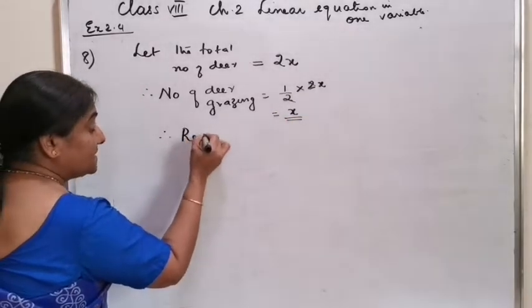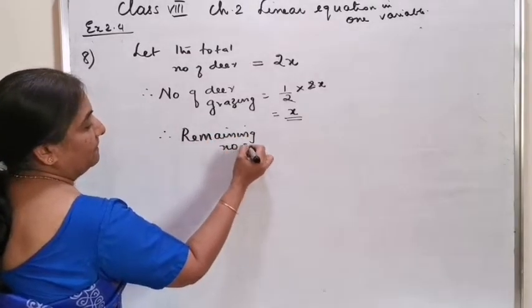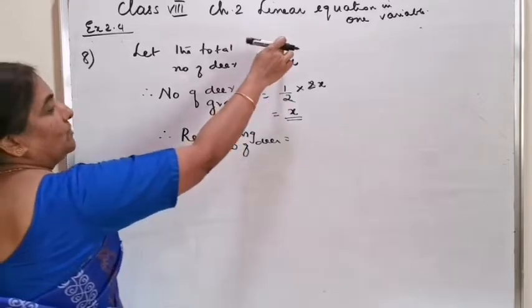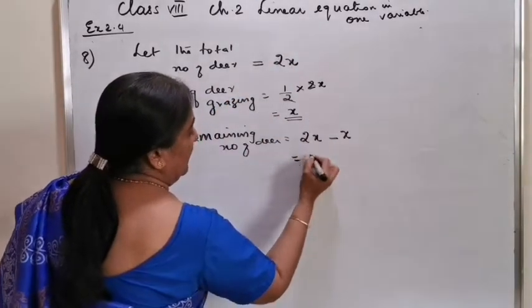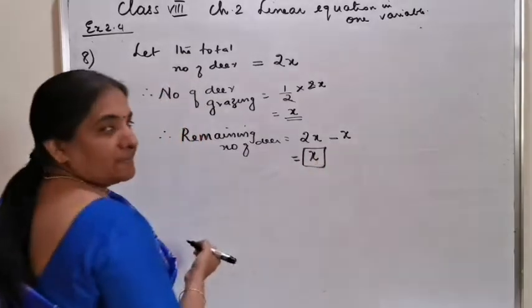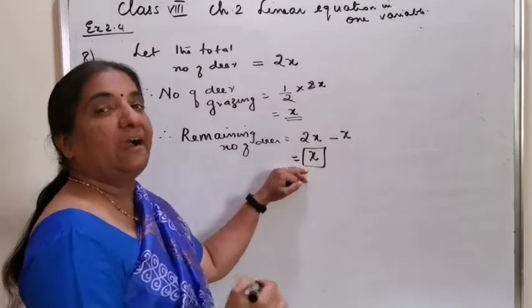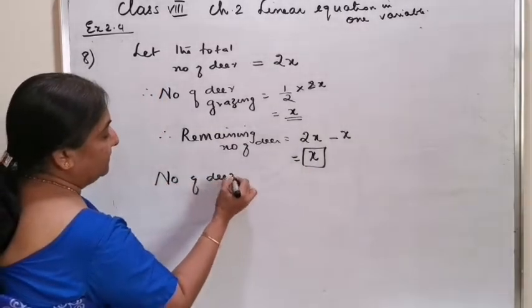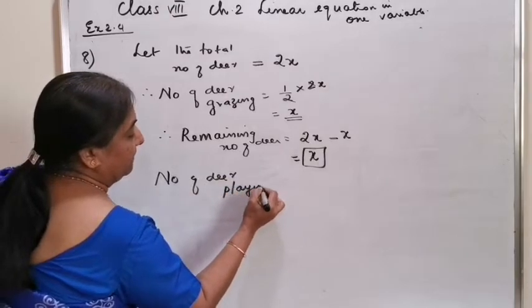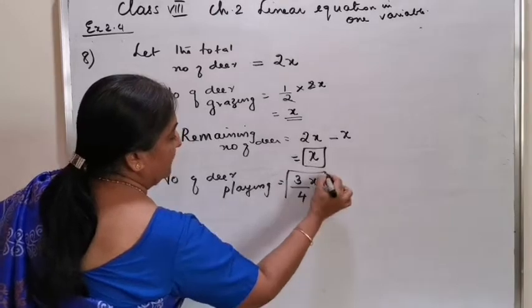Therefore, the remaining number of deer is equal to, from the total 2x, minus this x, which is again x. And now 3/4 of the remaining are playing. That means number of deer playing is equal to 3/4 of x.